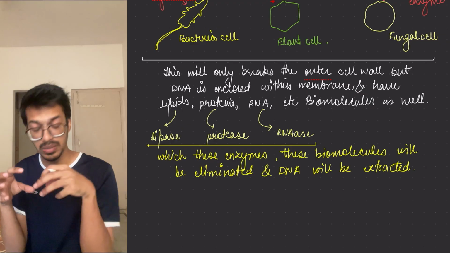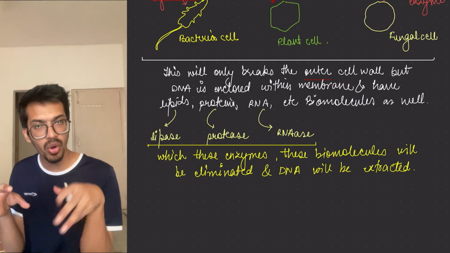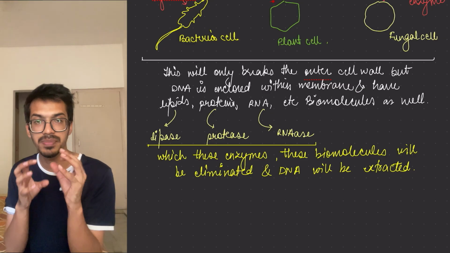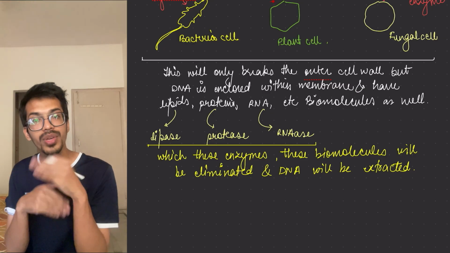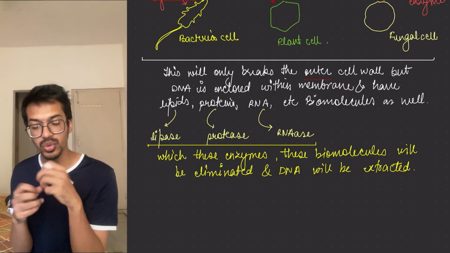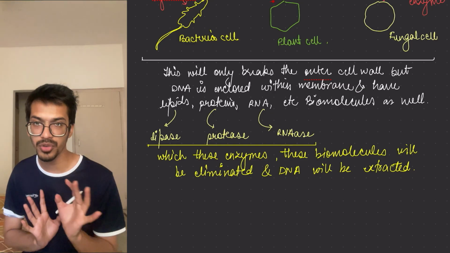If we put these chemicals, all of these RNases, proteases and all those things, it will appear as a suspension, like a mixed form. We have to separate it out. So we will add what? Chilled ethanol, so that both the things can be separated from each other.